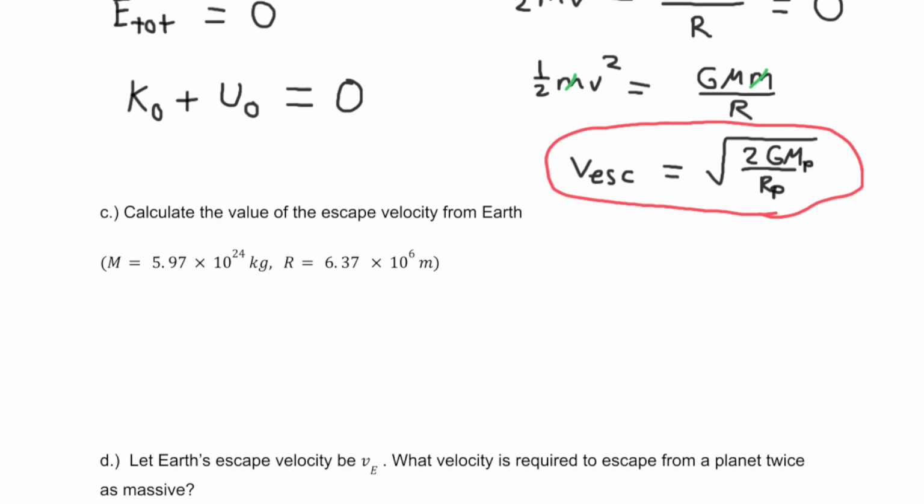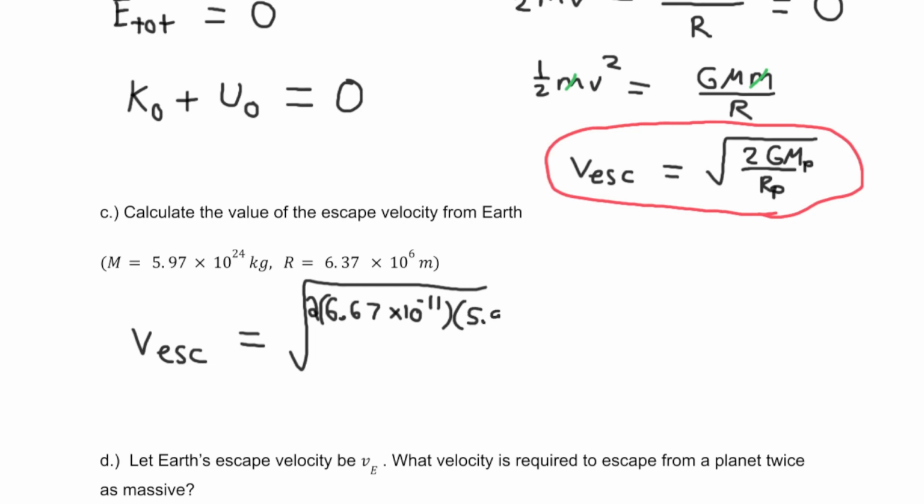So let's do that for the Earth, just to see. The escape velocity on Earth is going to be the square root of 2 times big G times Earth's mass, 5.97 times 10 to the 24, divided by the Earth's radius.